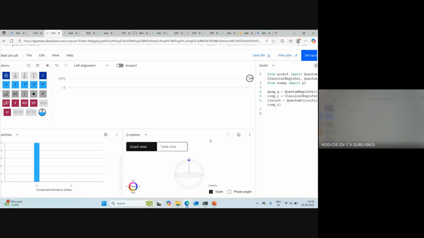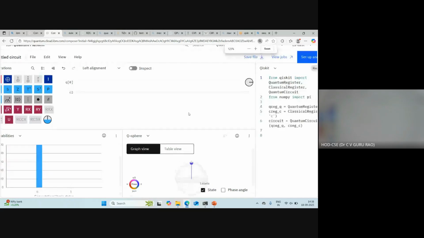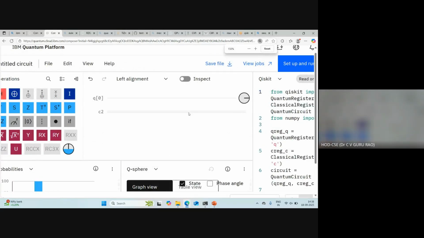What are you guys doing? What happened? They are not visible, ma'am. The font. Is this okay? If I do this, some of the part will be visible and the entire screen would not be visible, the entire composer. Ma'am, can you make it only 100% as it is? Okay, so I'll try here.